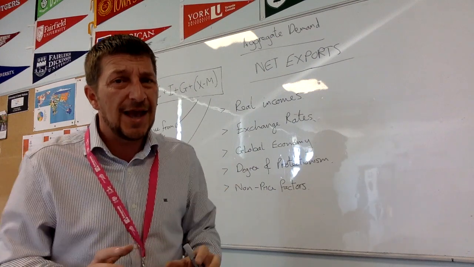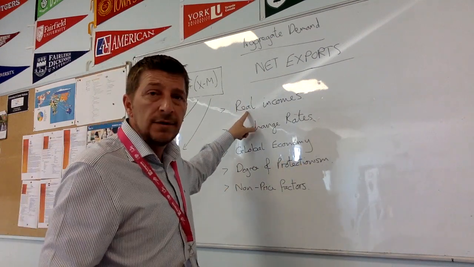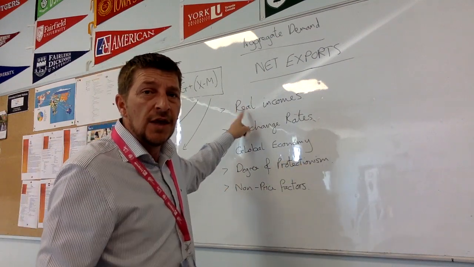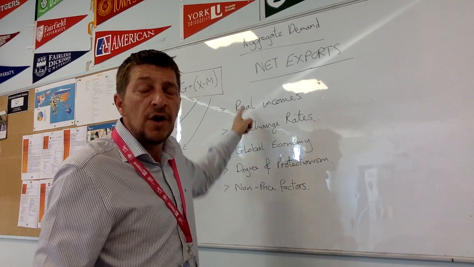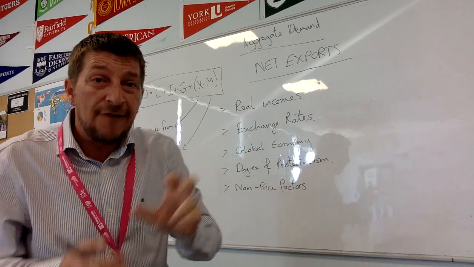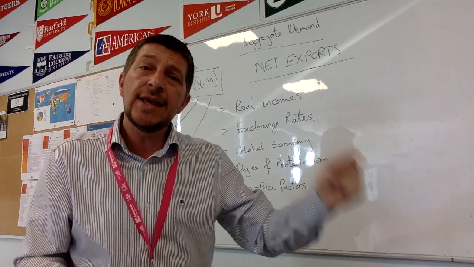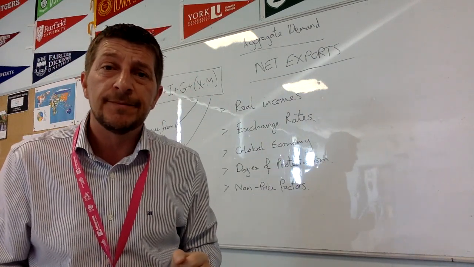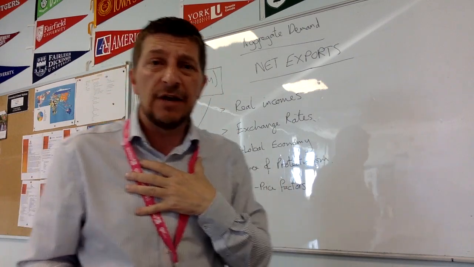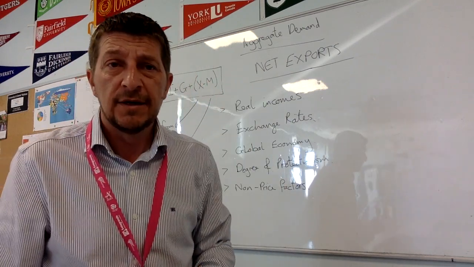But what we're saying actually is real incomes. So what is that word real there for? Well, the word real, if it comes before any phrase, then it's taken into account inflation. So imagine that my salary increases by 5%.